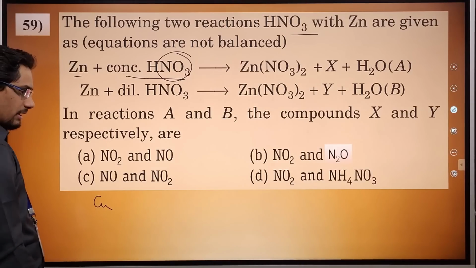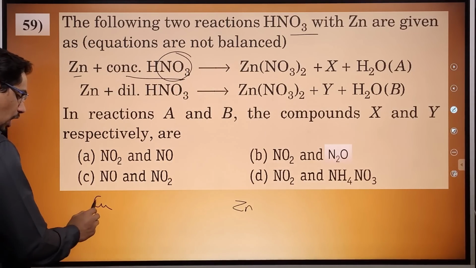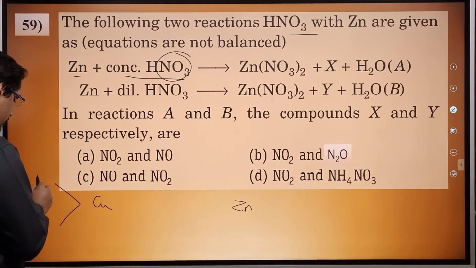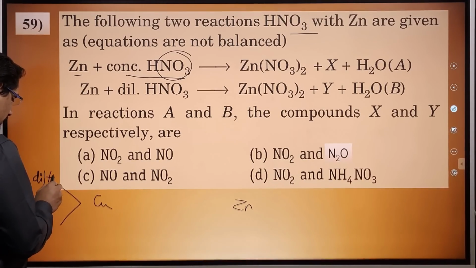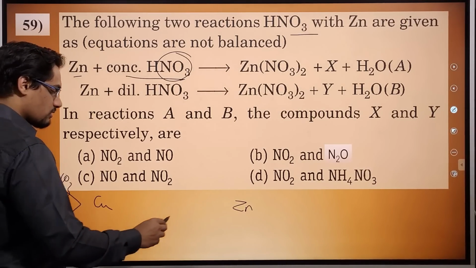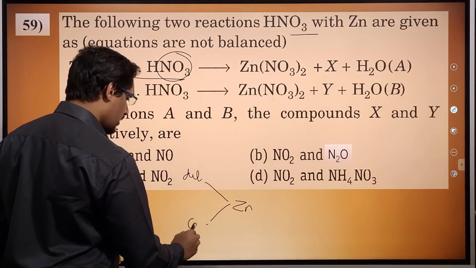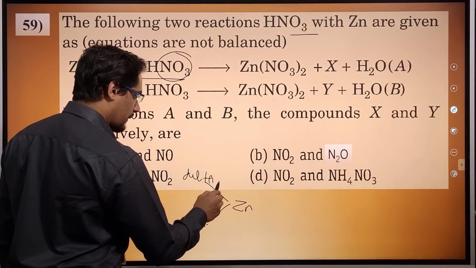So we have 4 reactions here. Reactions of copper and reactions of zinc with nitric acid, right? Copper can react with either dilute HNO3 or concentrated HNO3. Similarly, zinc can react with dilute HNO3 or concentrated HNO3.